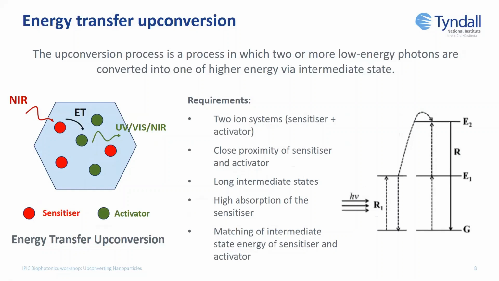The first requirement is that they are in close proximity, and the second is that their intermediate state energy levels are close in energy, so that the energy can be transferred from one ion to another. Once that happens, the activator stores that energy until the following photon comes in. The sensitizer can sense it and transfer it again, and then the activator has enough energy to actually emit light.